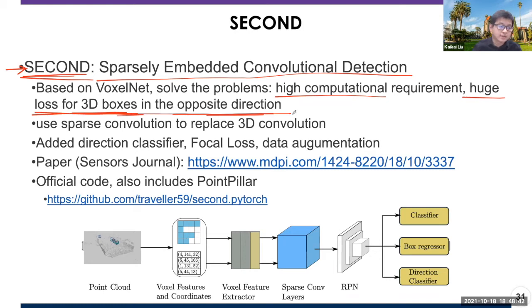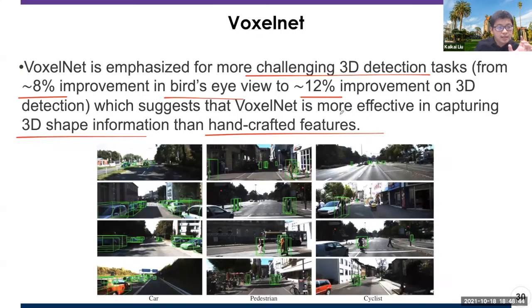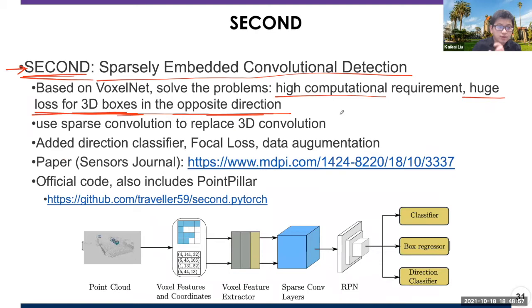So if we say VoxelNet is the foundation for the theoretical framework, the foundation of modern detectors, then the practical foundation is SECOND, because SECOND solved many practical problems in VoxelNet, and they open sourced the solution.